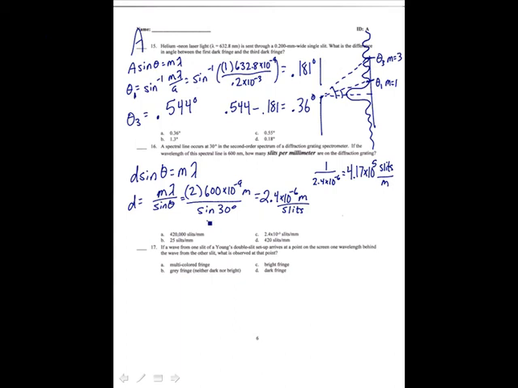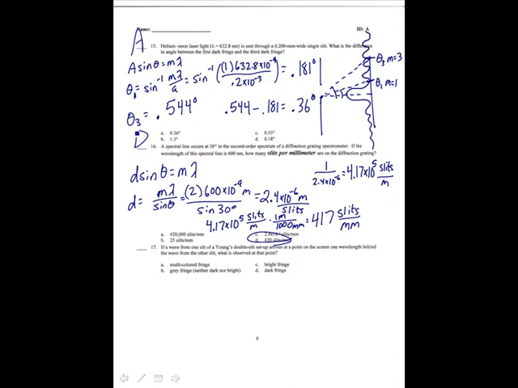So I'm going to write it down here, 4.17 times 10 to the 5th slits per meter. In 1 meter there are 1,000 millimeters, and that gives me 417 slits per millimeter, which, keeping proper sig figs, is 420. That's option D.